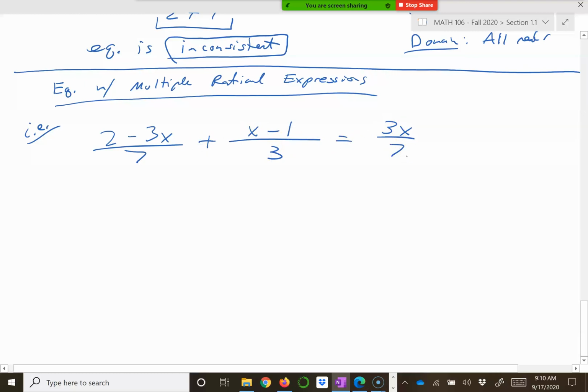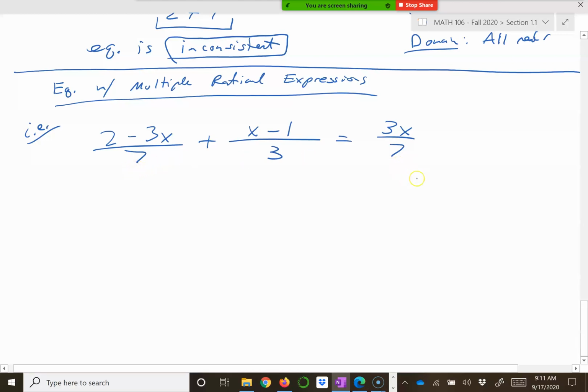Right, so clearly we have multiple rational expressions. One thing you could do is combine the rational expressions that have the same denominators, like you have the 2 7s there. But there's one process that will work every single time. When you look at the denominators, you see that the 7 is repeated.